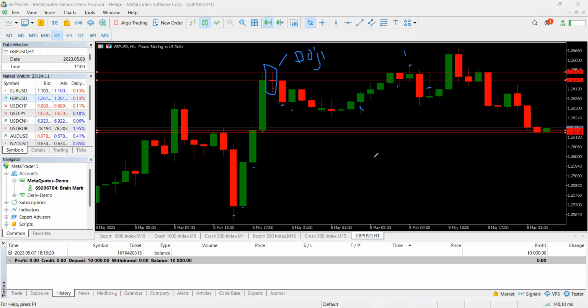Now, we all know how the hammer is drawn, regardless of the situation. There is some small tip, especially the local hammer. Then we also have this one, which will also be called hammer.